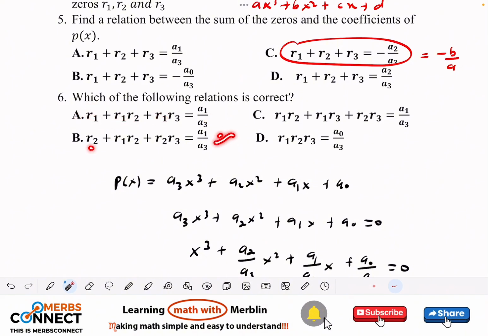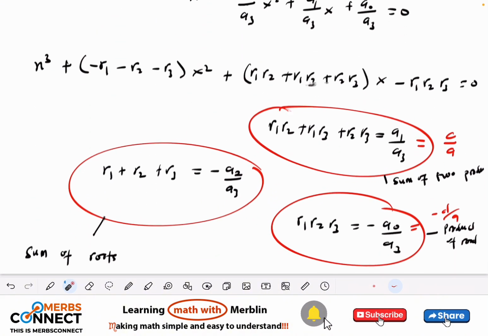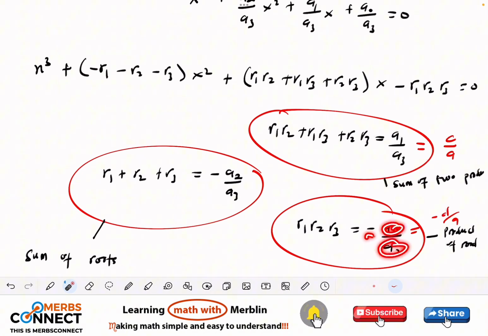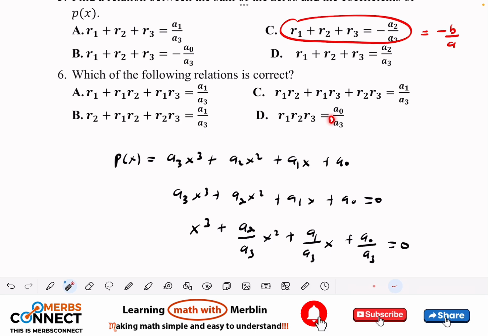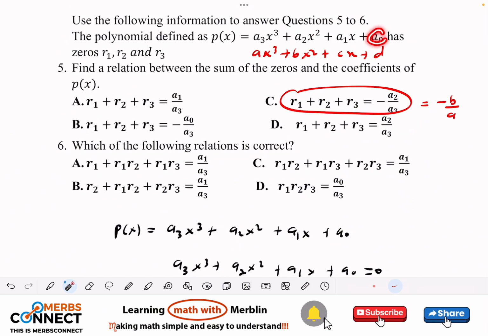This one too is not true. This is true, and this one too is true, but we need to look for the one which is true. Now this one here should be minus a naught over a3. So there is no minus, because we need to take minus of this divided by this. So it means that this is not true.